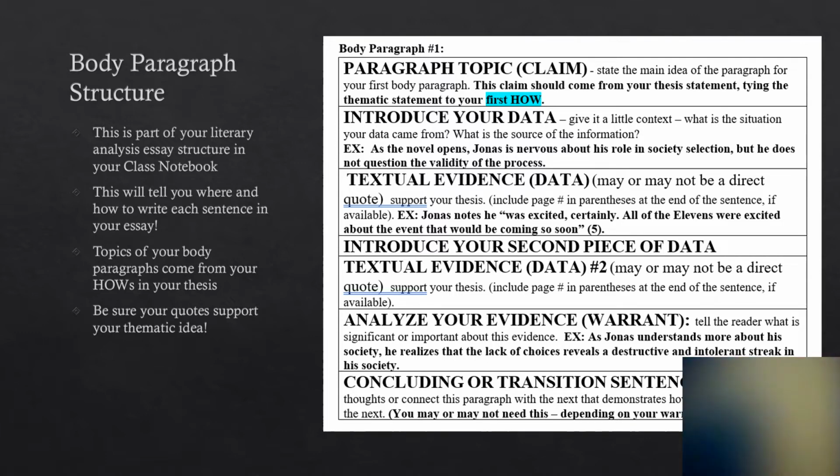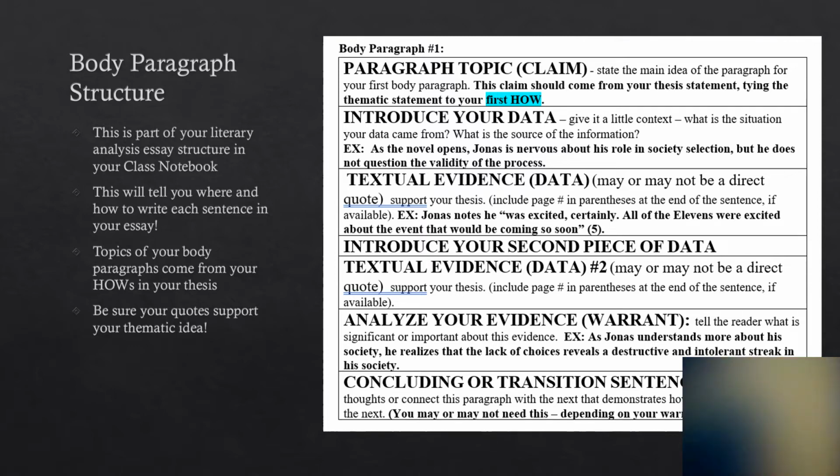The very first sentence you have is going to state the main idea of your paragraph. It's going to come from your thesis statement, tying your thematic statement to your first how. So you're going to say, the author shows the theme of whatever it is, isolation, evil, whatever, through the characterization of the protagonist, something like that.